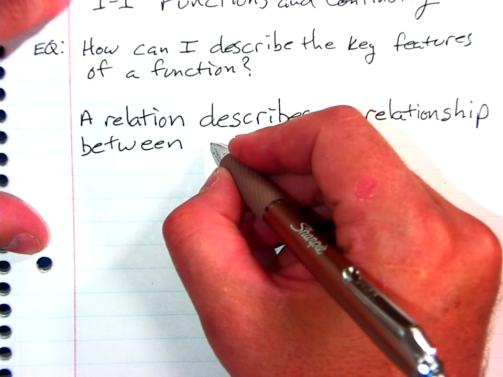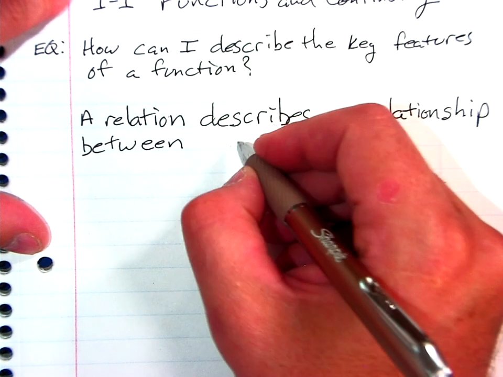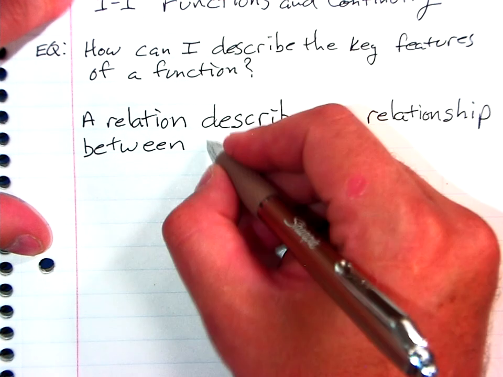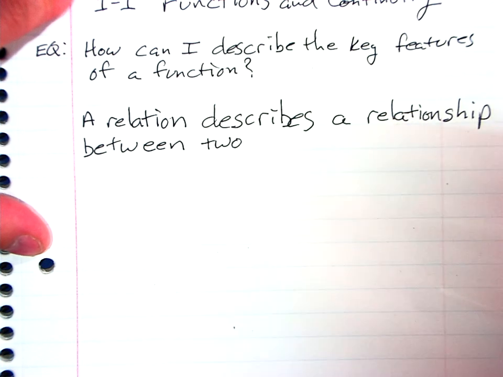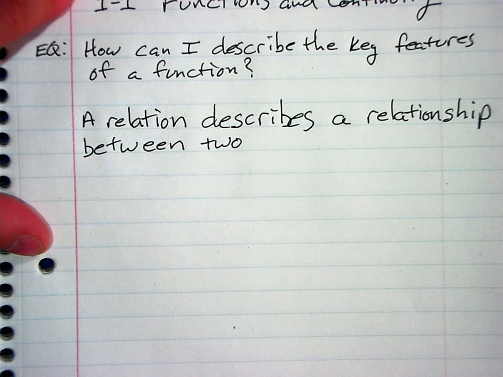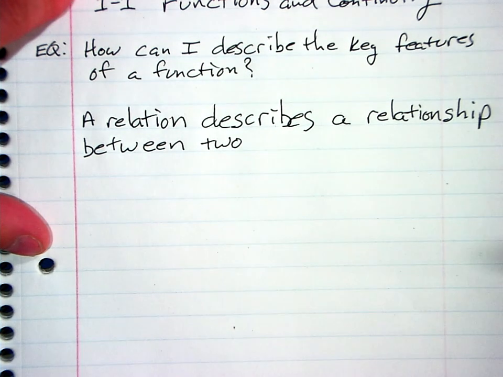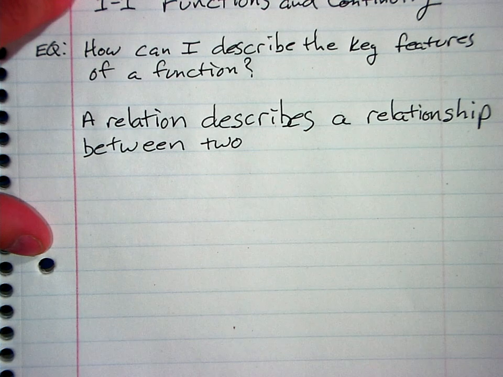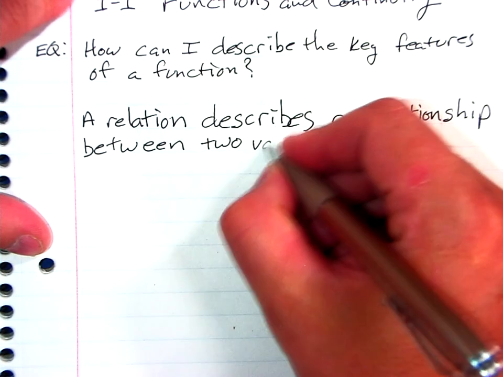Does it matter if I write out the word two or use a symbol? Doesn't matter. It's your notes. Just write them, please, because remember, notes are 10% of your grade. You get 10% of your grade just for writing it down. All right. A relation describes a relationship between two values.